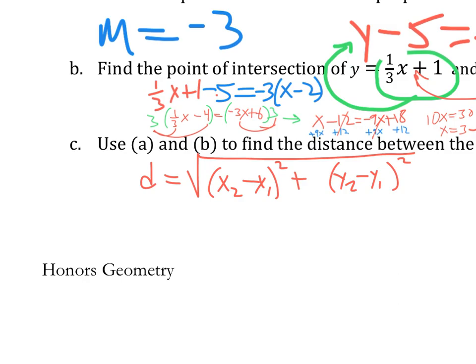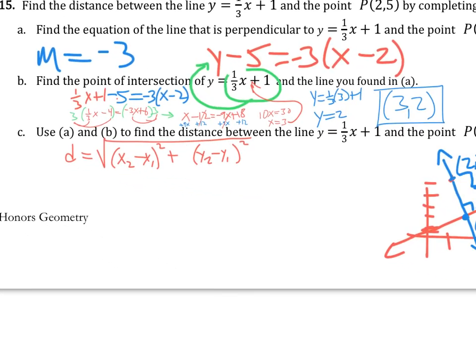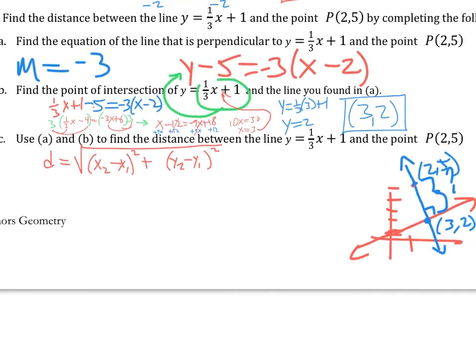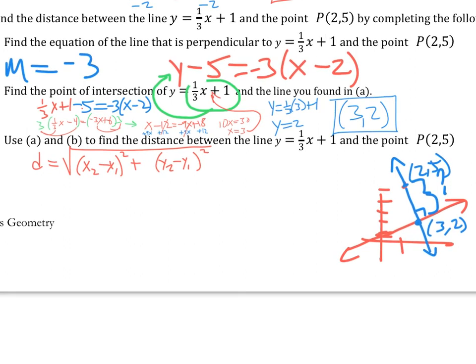So again, we've got our points. The points are 2, 5 and 3, 2. I'll write that down here. So we want to find the distance between those. So we have, subtract the x's, 3 minus 2 squared. Subtract the y's, we had 3 minus 2, now we got 2 minus 5.